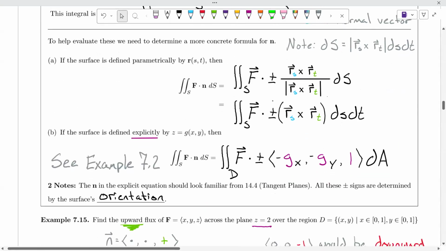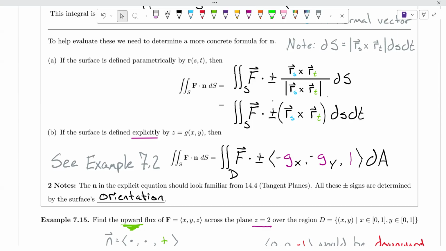And also, right at the beginning, I said that one cross product that we did explicitly was going to come back when we got to definition 7.14. That's this one. The explicit normal vector, negative g partial x, negative g partial y, positive 1. And that's the way I remember this normal vector.